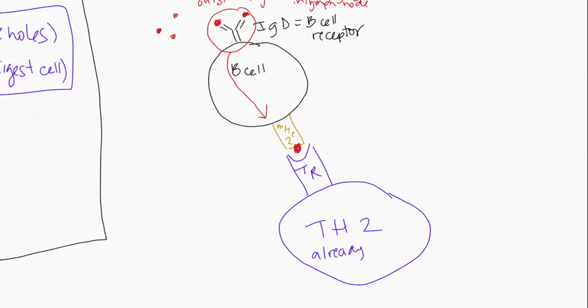If this guy had not already been activated, he cannot yet send signals to activate the B cell. But this guy's already been activated because it previously saw a different antigen presenting cell presenting antigen on MHC2 from outside. It got the signal, it proliferated, it differentiated, and its effector Th2 cell can now activate the B cell.